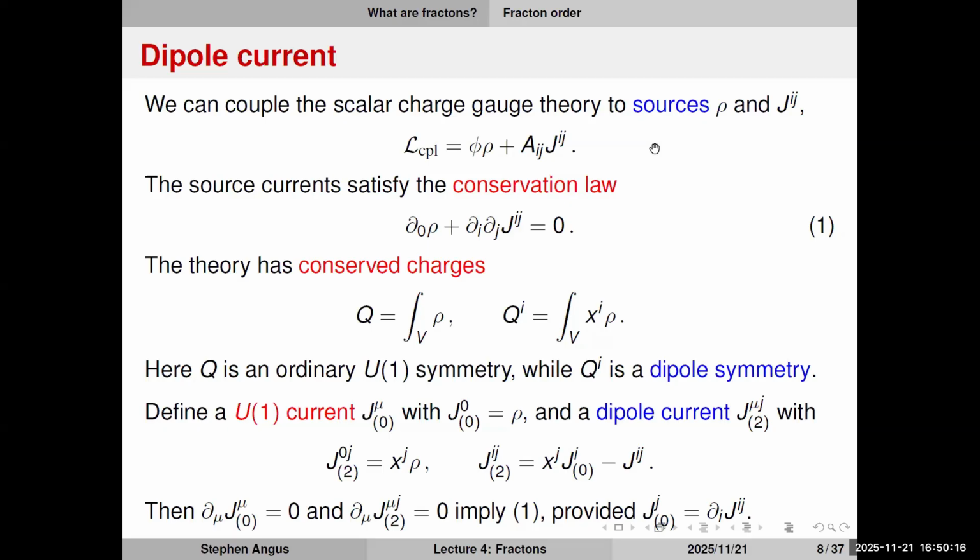Yeah. So for example, for this rho and j^ij, we could write down a complex scalar field theory that doesn't have the standard two-derivative spatial kinetic term, but has some higher derivative term, like a four-derivative term.